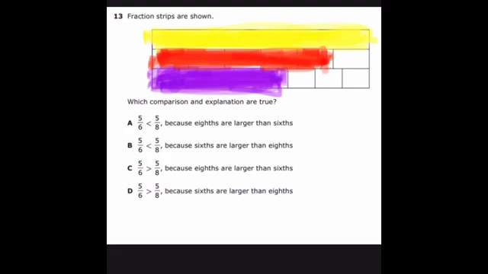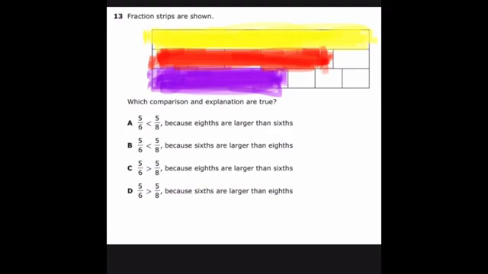Looking at A, 5/6 is less than 5/8. Well, if I look at this picture and I'm looking at my second row, that is 5/6, but it is not shorter than the 5/8. It's actually longer. So I know that that is already incorrect, even though I haven't even read the rationale.